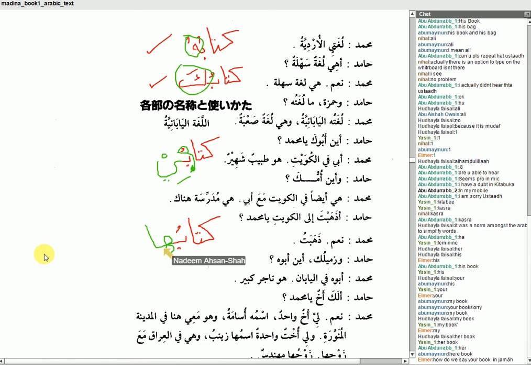So the first thing that we said we're going to be learning in this lesson is the difference between inda and li. For the element that's coming, inshallah, the beauty of the Madeenah series is that they break things down very piecemeal, and they group things logically together.